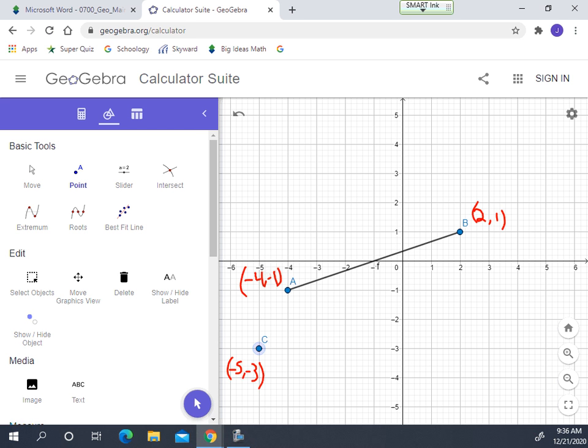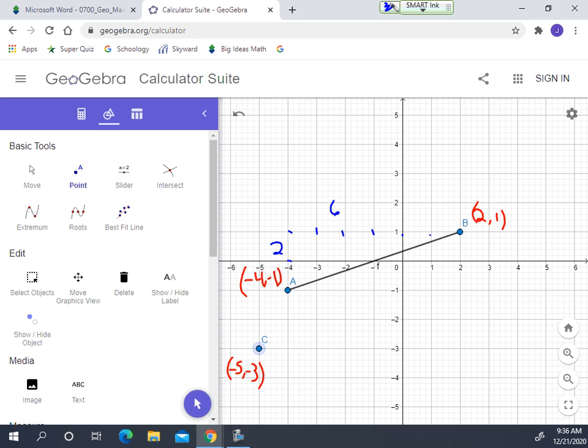Okay. How do I make a segment that is the same length as AB and in the same direction? Because it has to be congruent, right? Same length, same size, same shape. Well, AB goes up 2 over 6.